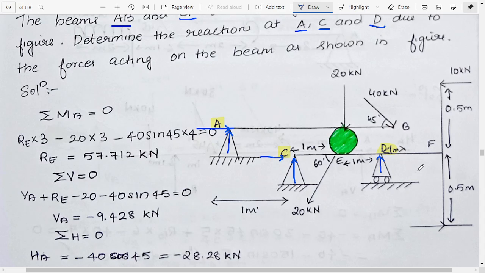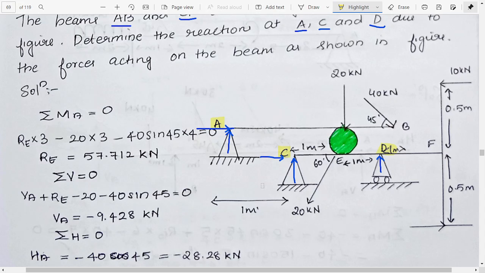Okay, is that it? Is there any other forces? Now if you are considering summation of MA is equal to 0, we are having RE into 3. What is RE? It's this force.